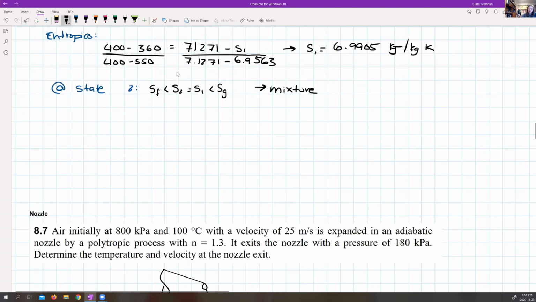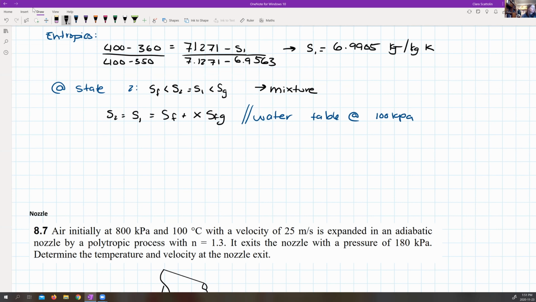So I'm going to say that S2 is equal to S1, which is equal to SF plus X SFG. And these values, again, are from the water table at 100 kPa.